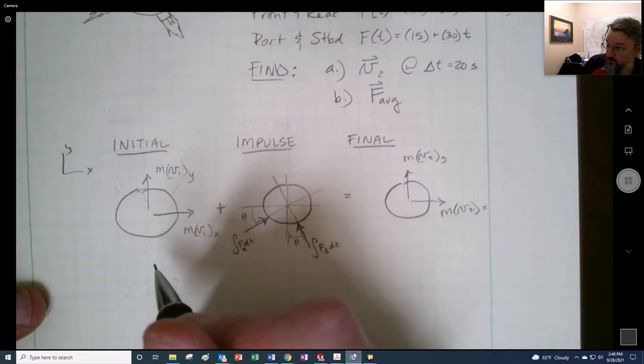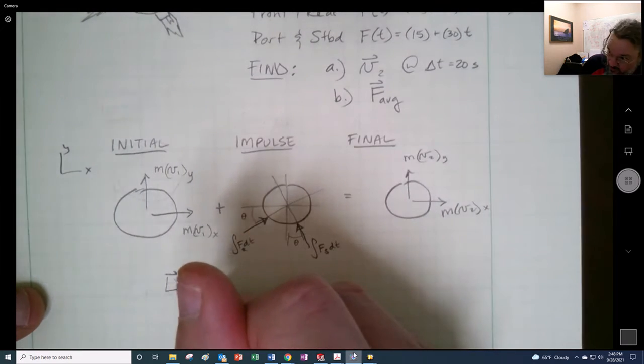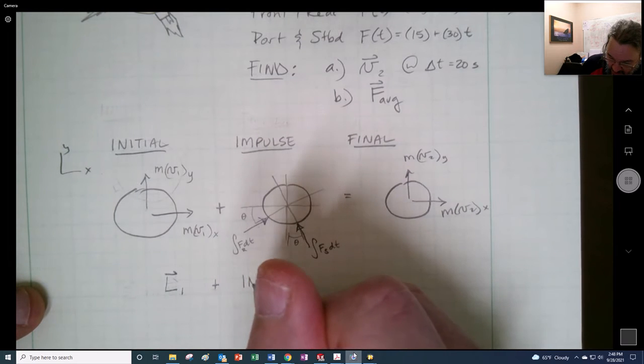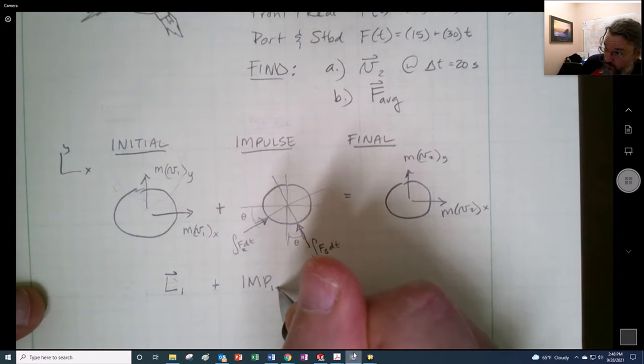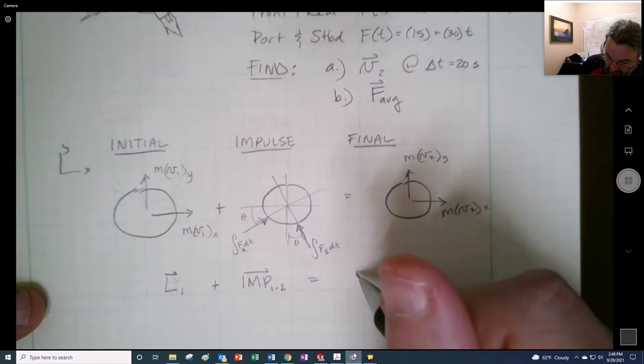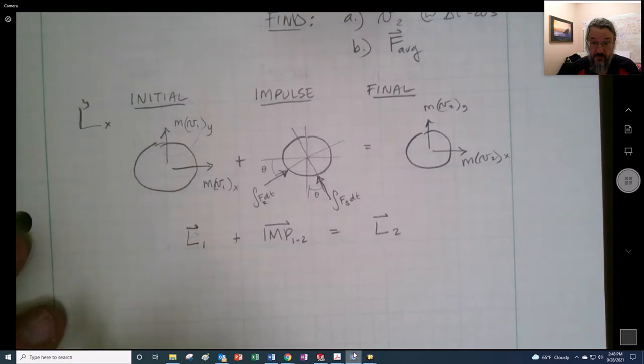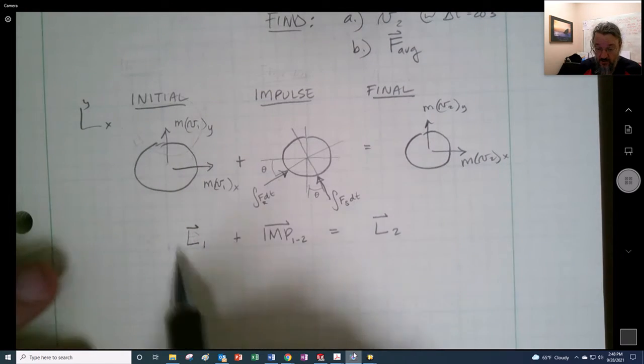All right, so this is going to be L1, and you notice a vector, plus the impulse from state 1 to 2, and that's a vector, is going to be equal to L2. So this is linear momentum. That's why I decided on a capital L as a vector.